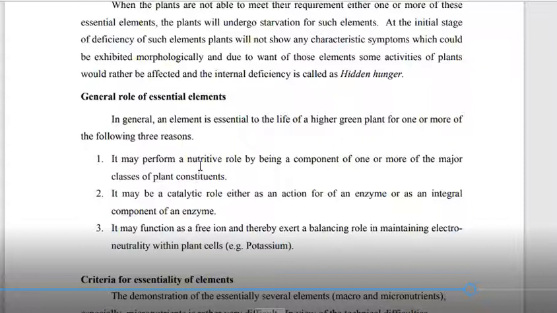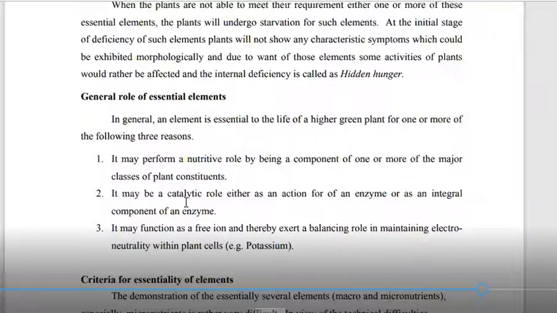The first function is that it may perform a nutritive role by being a component of one or more of the major classes of plant constituents. For example, protein: we know that protein is important, and for the formation of protein there is a requirement of nitrogen. So the nutritive role means that the absorbed nutrient is an essential constituent of the plant component.